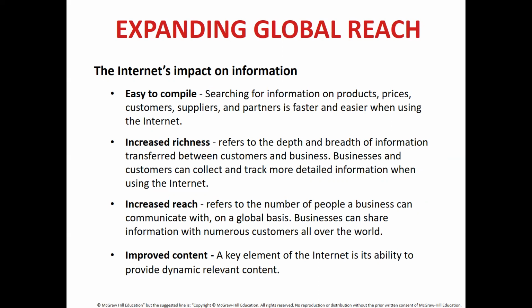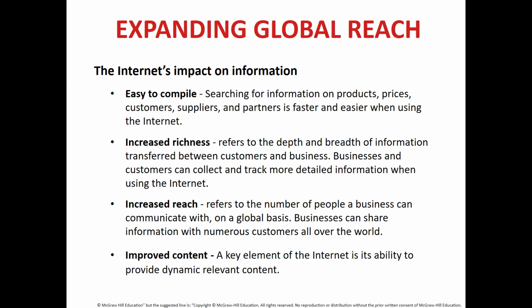Increased reach refers to the number of people a business can communicate with on a global basis. Businesses can share information with numerous customers all over the world. Improved content: a key element of the internet is its ability to provide dynamic, relevant content.